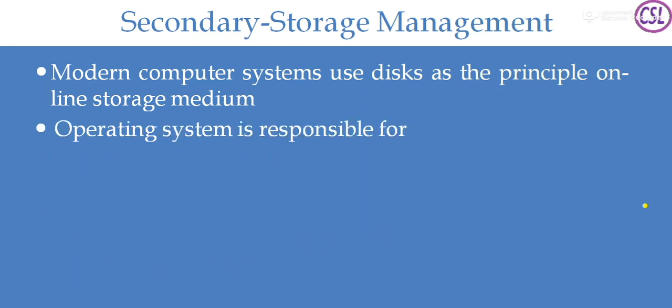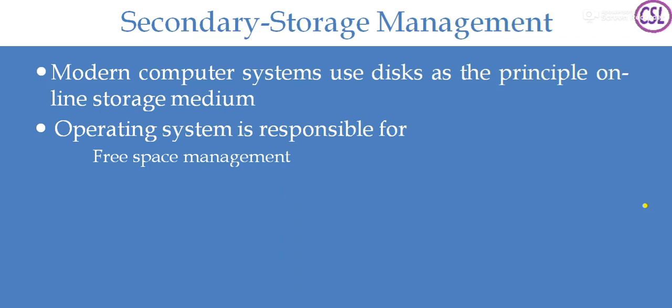Right? Now the operating system's responsibility for secondary storage is free space management. The operating system monitors the hard disk: where the memory was allocated, and where the free space is. Because we are doing so many tasks on the computer, we store some files and we remove files, so some memory holes happen.